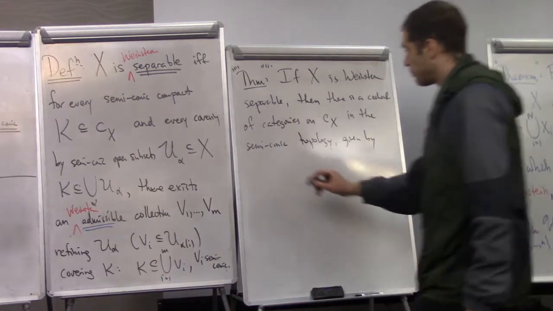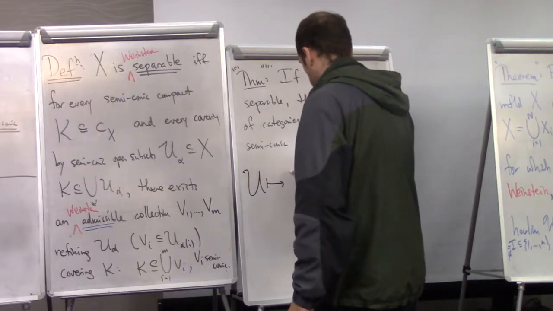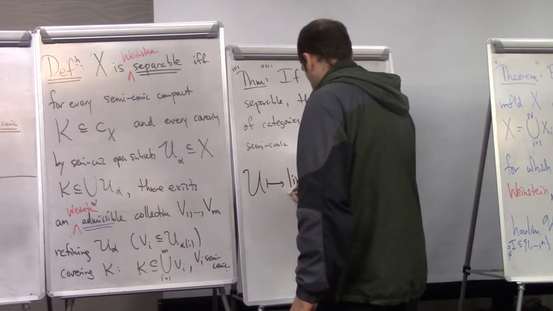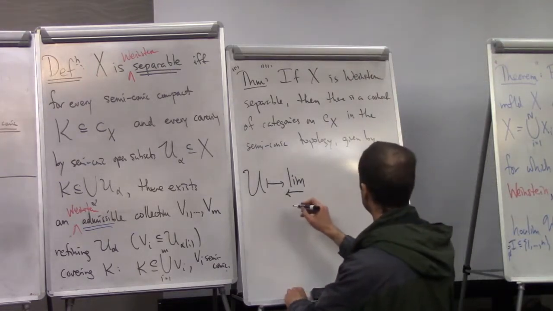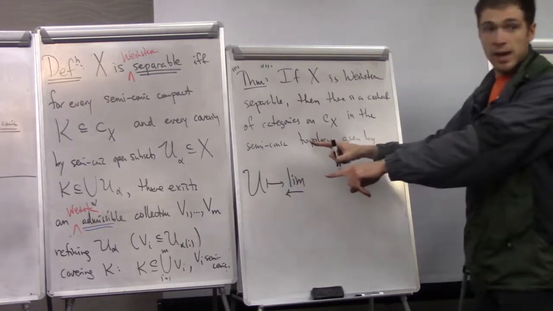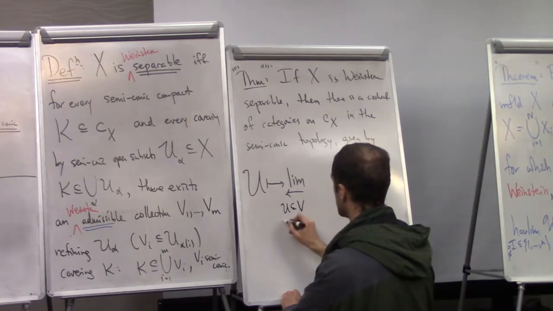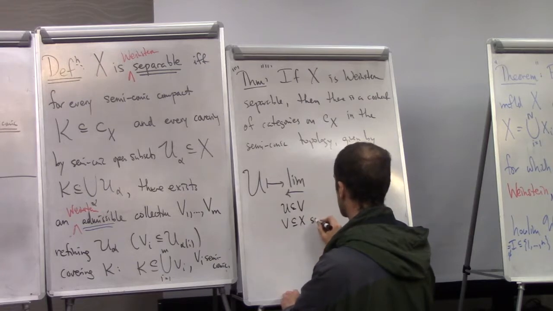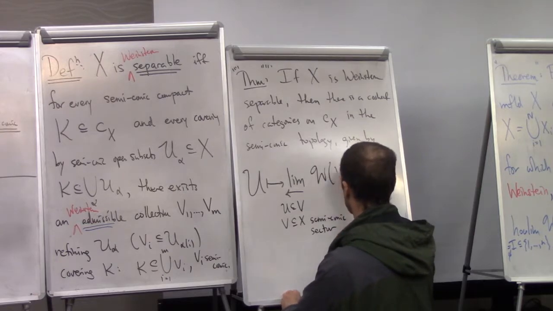Given by the sections over U, I have to take the inverse limit over, so remember U is a subset of K, and I need to take the V inside X, semiconic sector W.